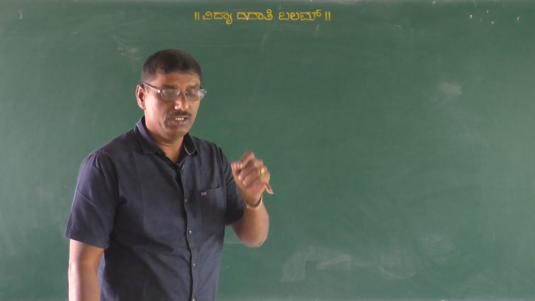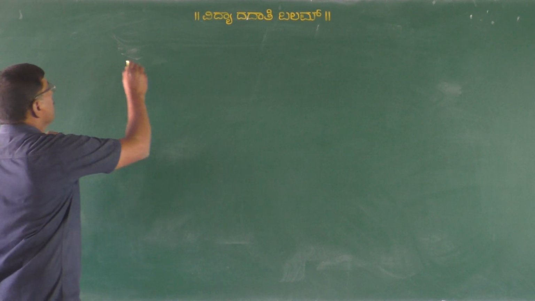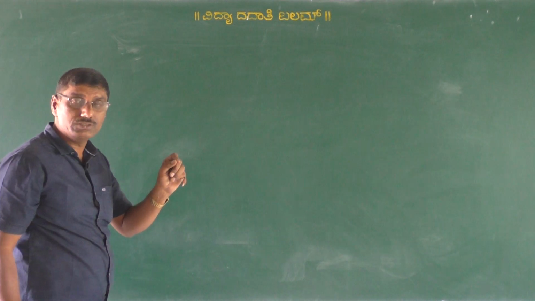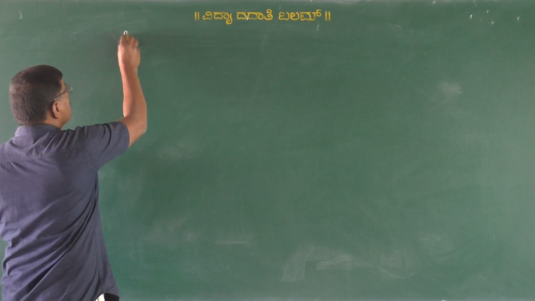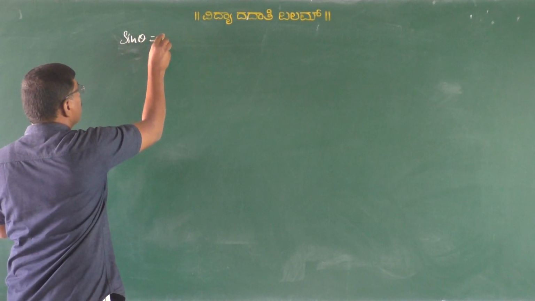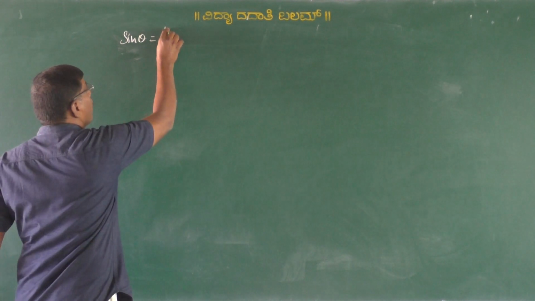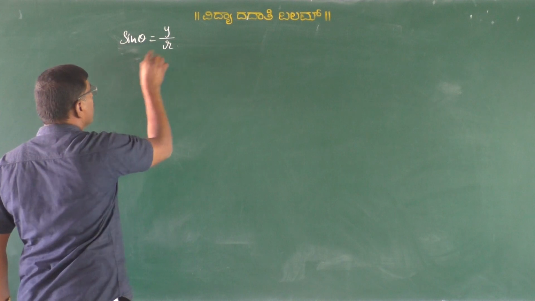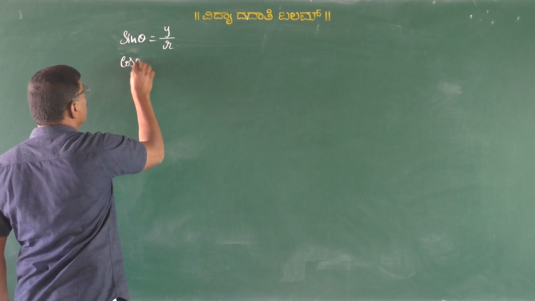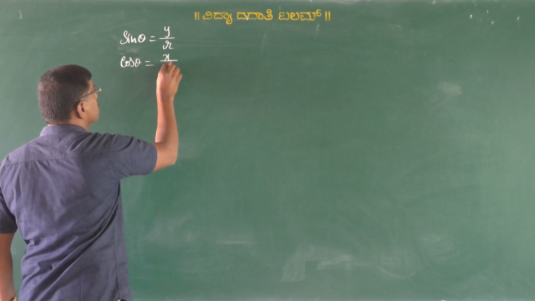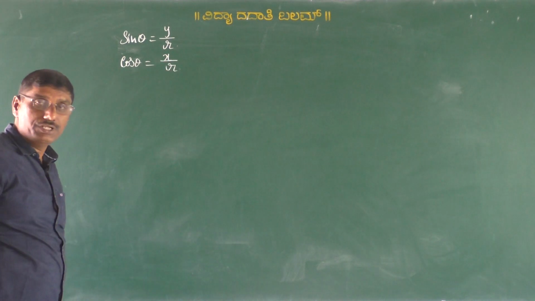Identity formulae. See here, we have trigonometric ratios. Sin theta is equal to y by r, cos theta is equal to x by r, isn't it?